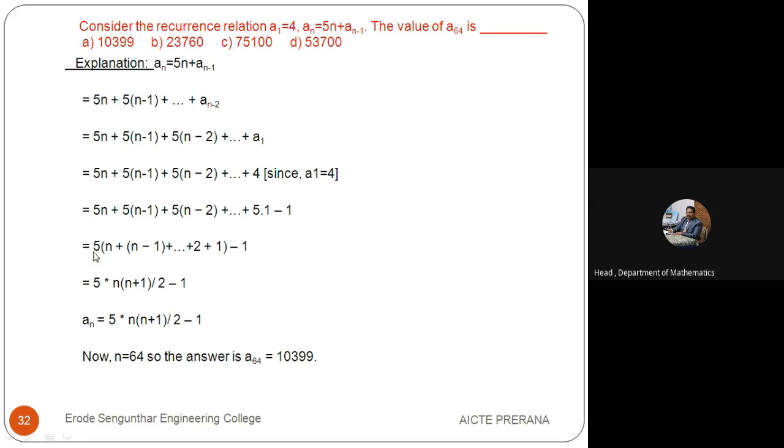In all the terms, 5 is common, taking it outside: 5 into n plus n minus 1 plus n minus 2 plus etc. plus 2 plus 1, minus 1. This is the sum of n natural numbers, that is n into n plus 1 by 2, so 5 into n into n plus 1 by 2 minus 1. We simplify this, we get an equal to 5 into n into n plus 1 by 2 minus 1. Substituting n equal to 64, we get this answer, that is 10,399. Therefore, the answer is A, the first one.